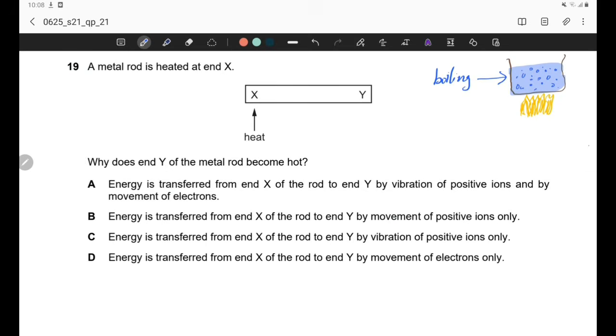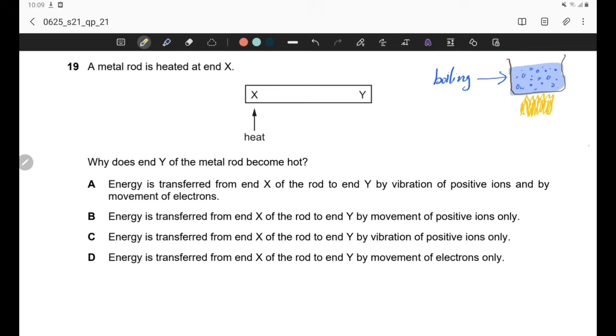Question 19. A metal rod is heated at end X. Why does end Y of the metal rod become hot? So here we need to know clearly about conduction, the way how heat transfers in solids.